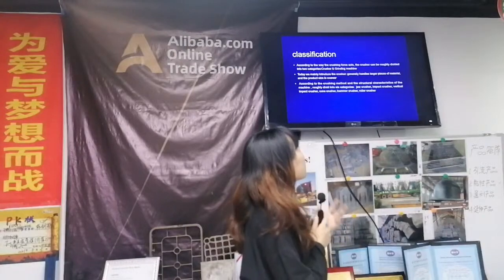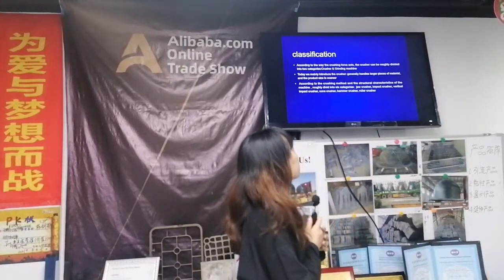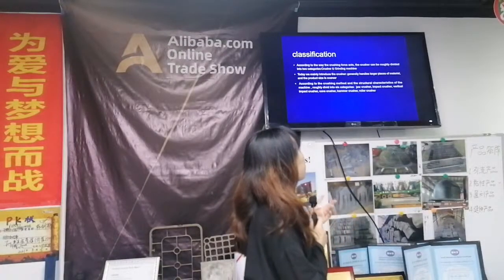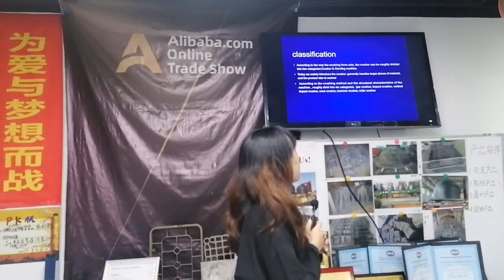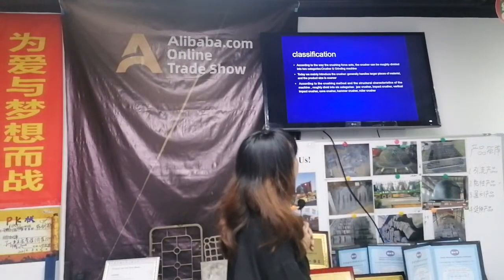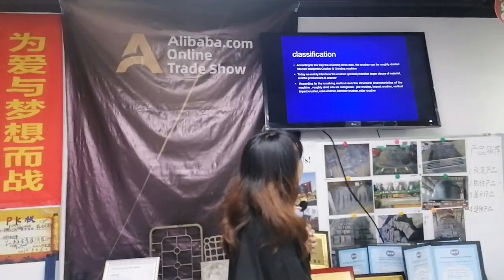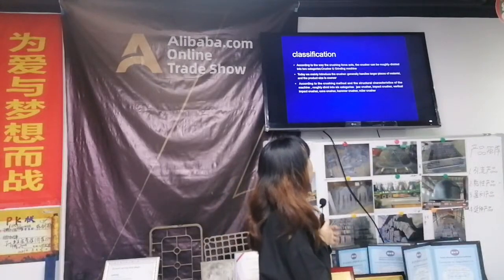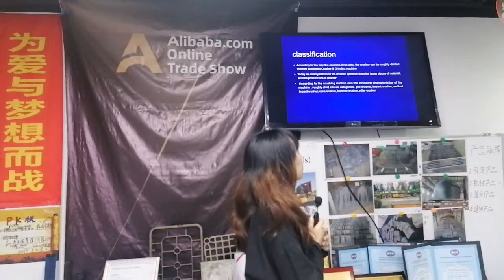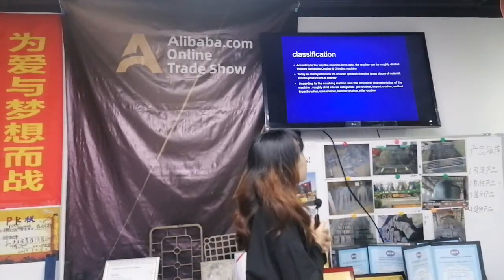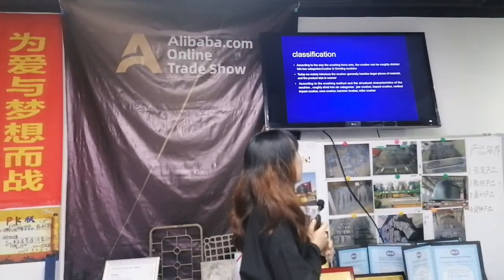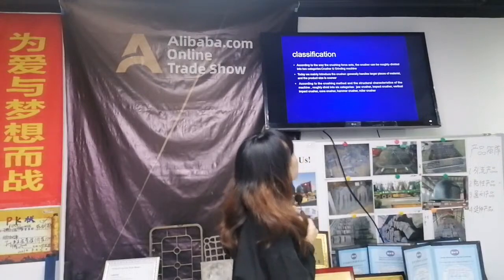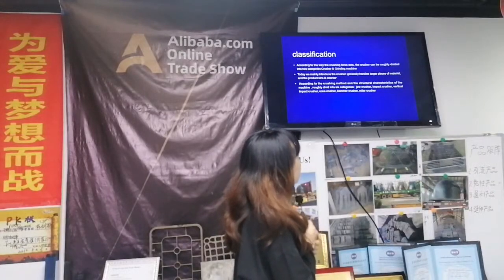This is the third part of the crusher. It's about the classification. According to the way of the crushing process, the crusher can be roughly divided into two categories: crusher and grinding machine. So today we mainly introduce the crusher.